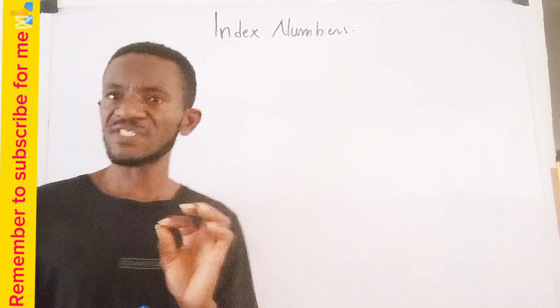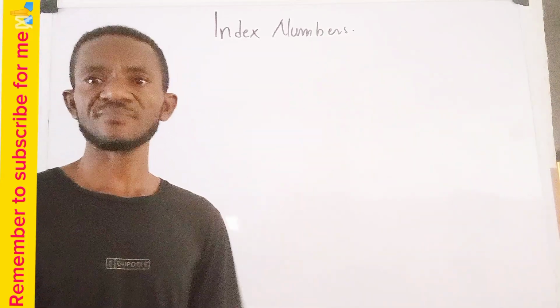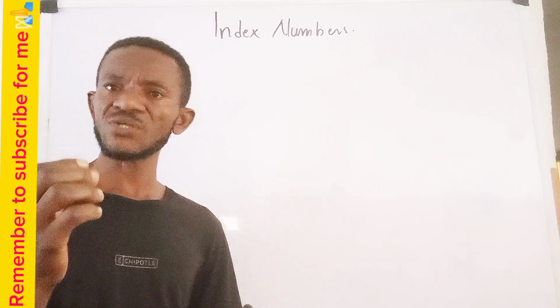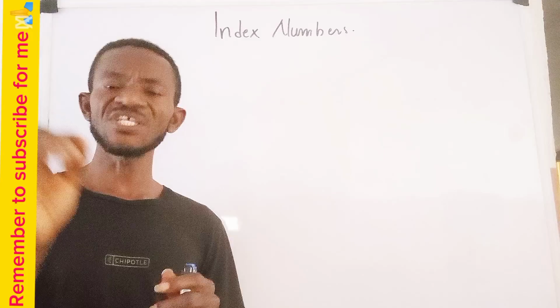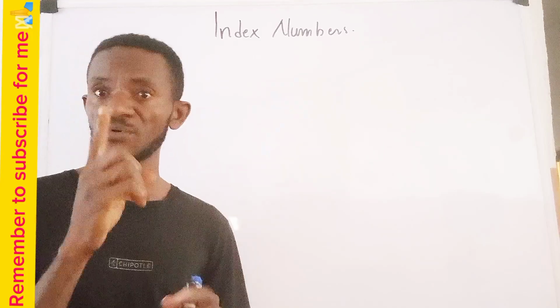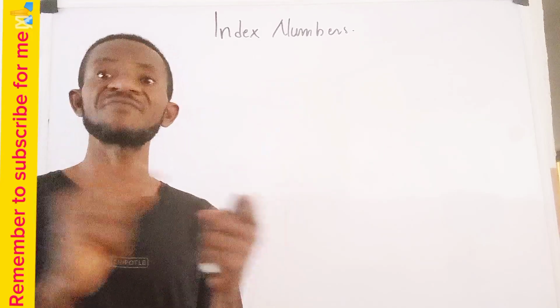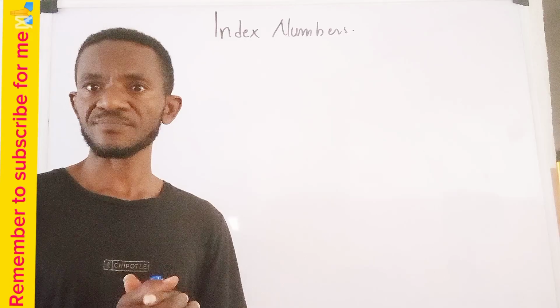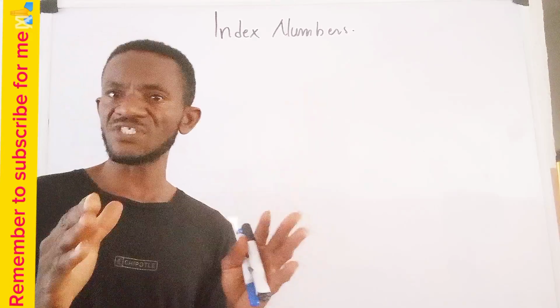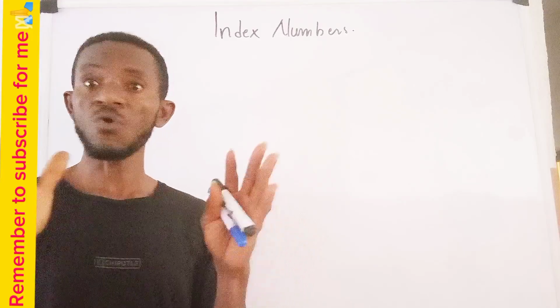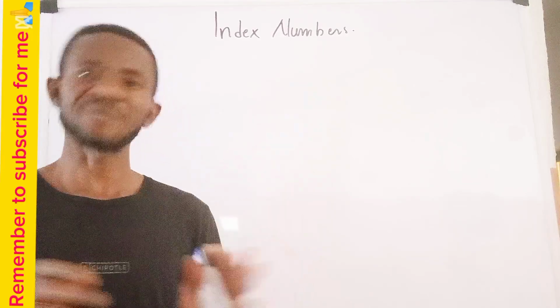An index number is defined as a statistical measure that tells us the percentage changes in a variable or group of related variables in terms of either the price, the quantity, or the volume over a given period of time.